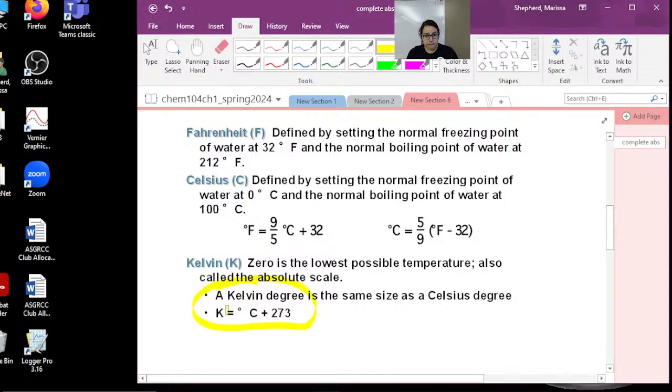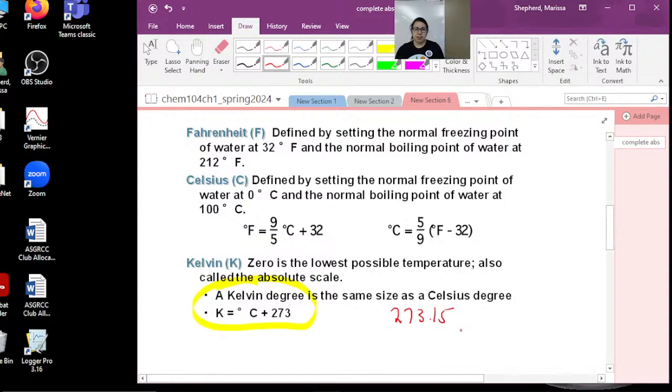Your Kelvin and Celsius scales differ by 273, so you just add 273 to your temperature in Celsius to get your Kelvin. In the homework, if you see more precise conversions, it's 273.15.